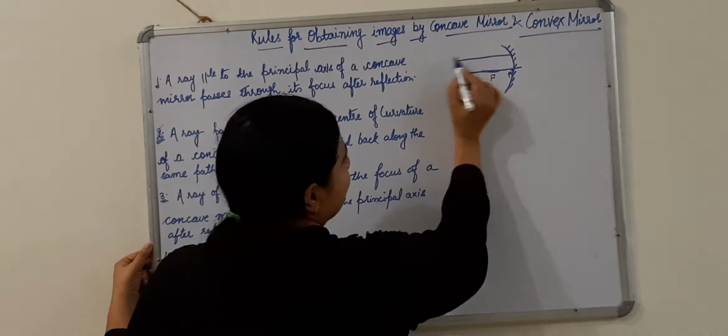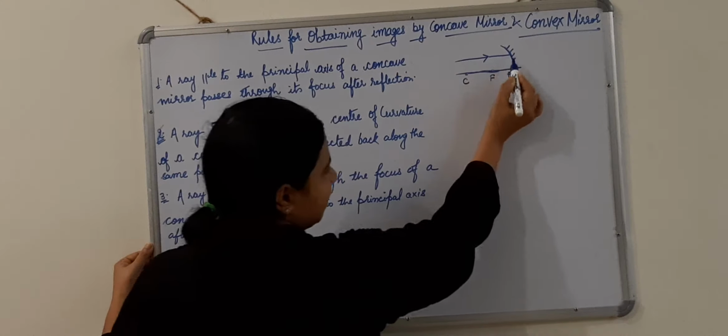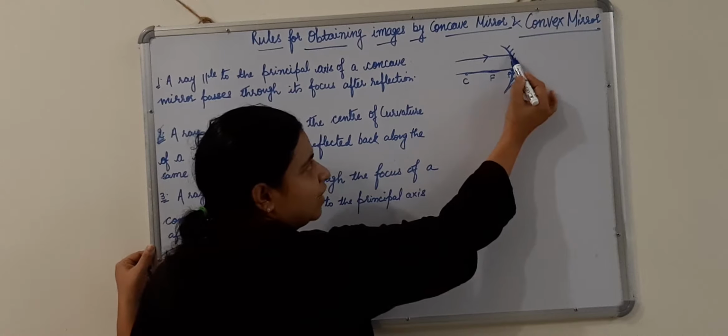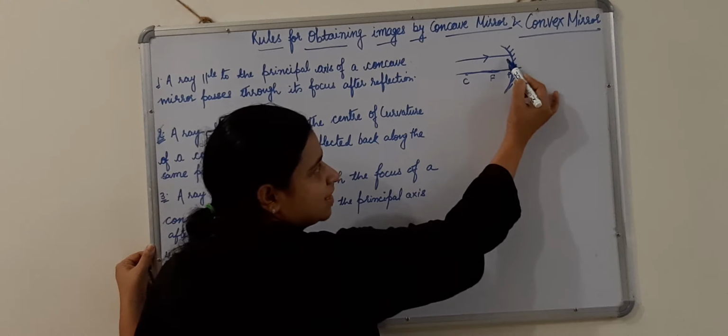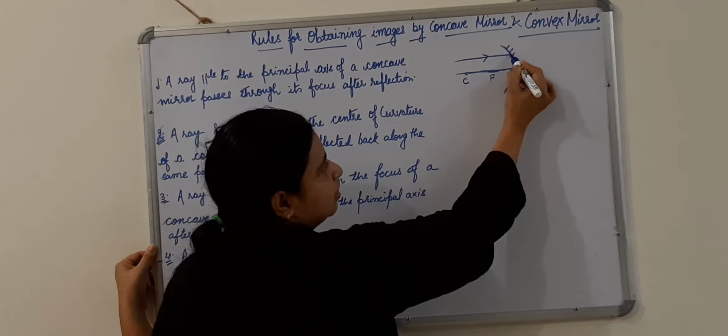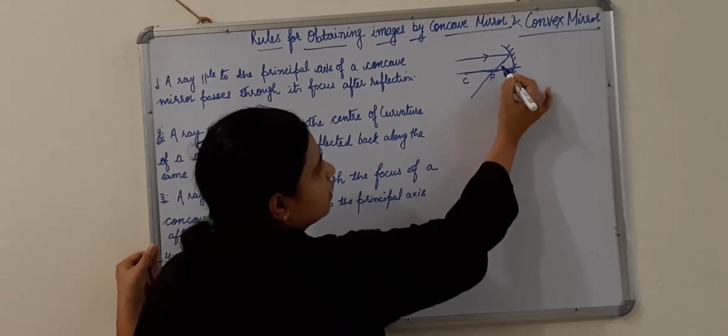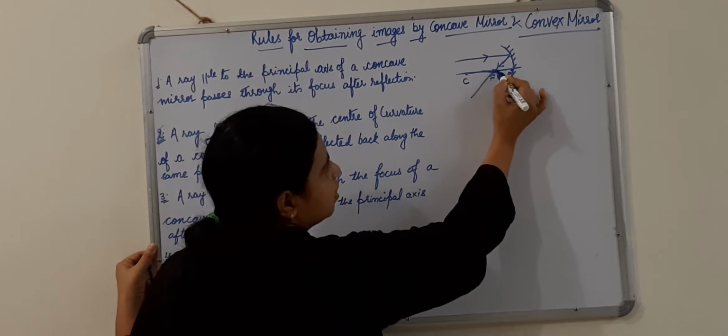Now this ray of light is hitting the mirror. See, this arrow shows that light is going this side. Now this ray of light is parallel to the principal axis and this mirror is a concave mirror. After reflection, it will always pass through the focus.